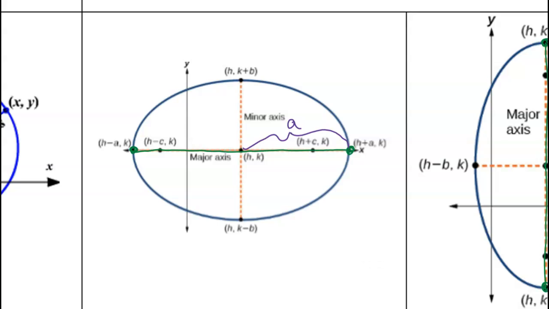The length from the center to the edge of the minor axis is your b value, and they call this the semi-minor axis.